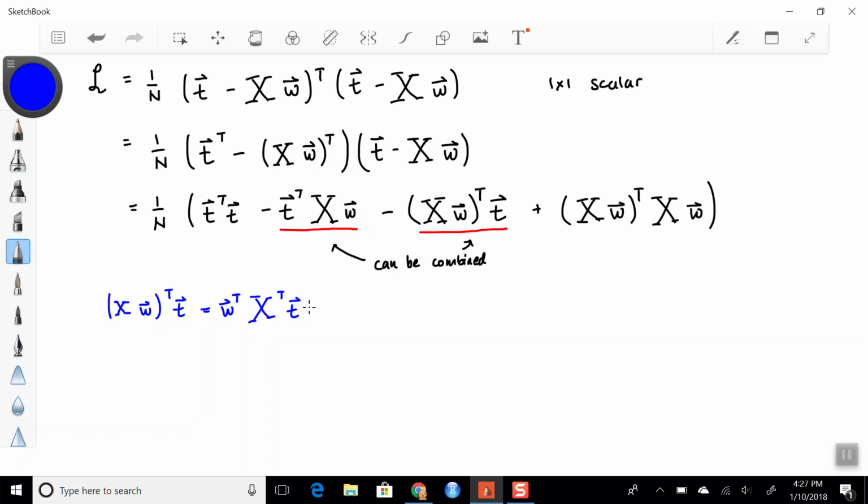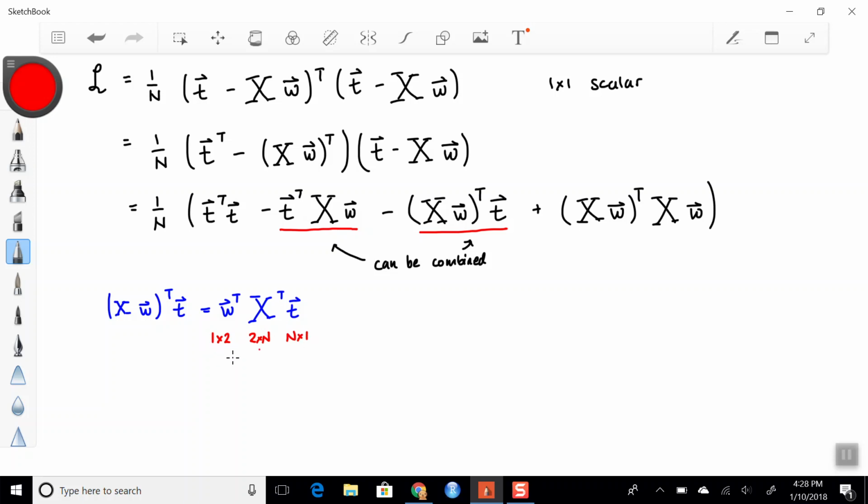And if we look at what this output is, this is a scalar output, because W transpose is going to be 1 by 2, X is n by 2 so X transpose will be 2 by n, and T is n by 1, right?